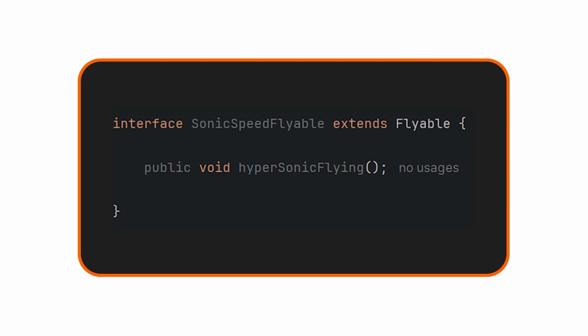For example, if Sonic Speed Flyable extends Flyable, a class implementing Sonic Speed Flyable must handle methods from both interfaces. In short, when a class implements an interface, it must implement all the methods in the inheritance chain of the interface or become abstract.